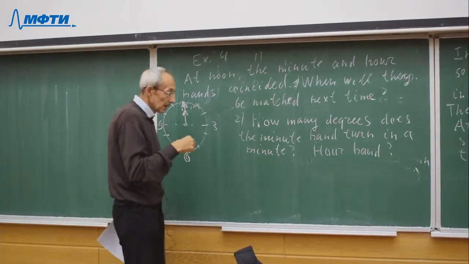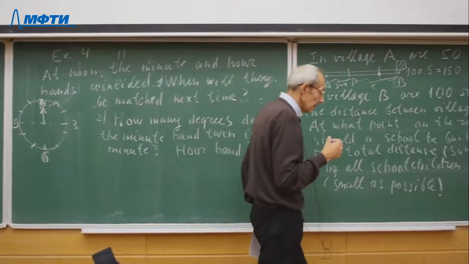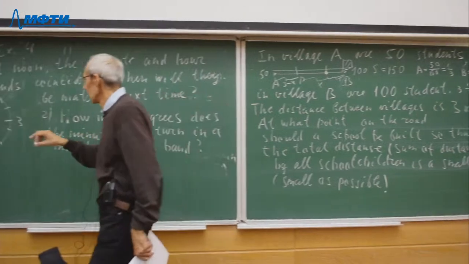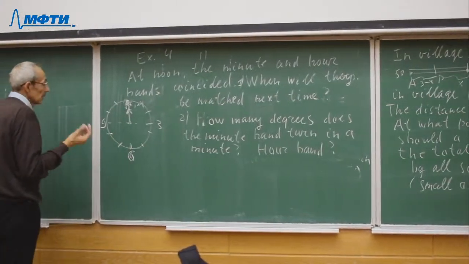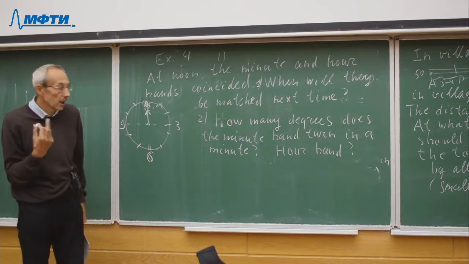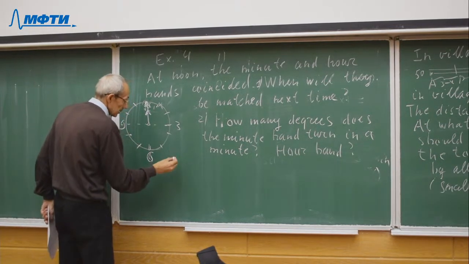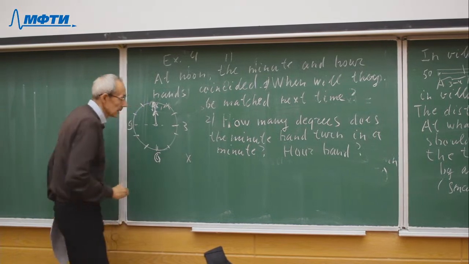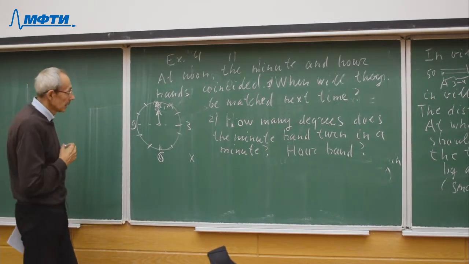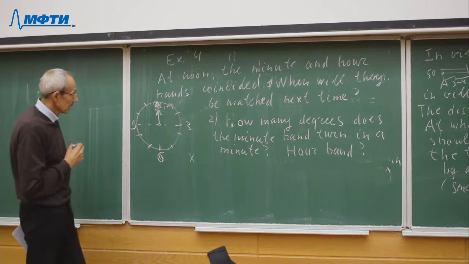The minute hand makes one turn during 1 hour, and let x be the velocity of the minute hand.